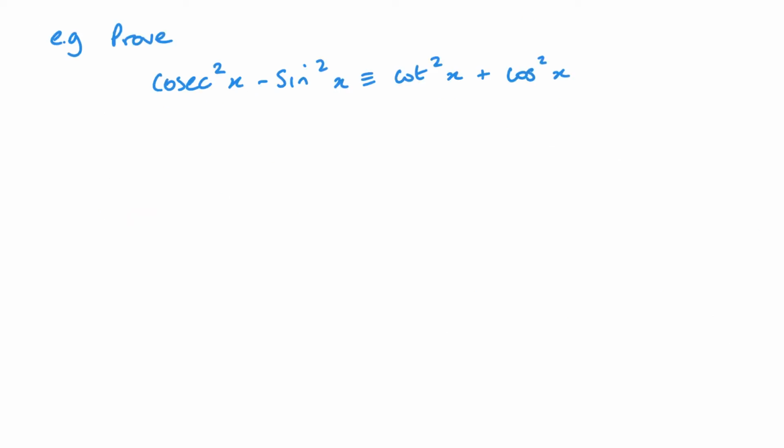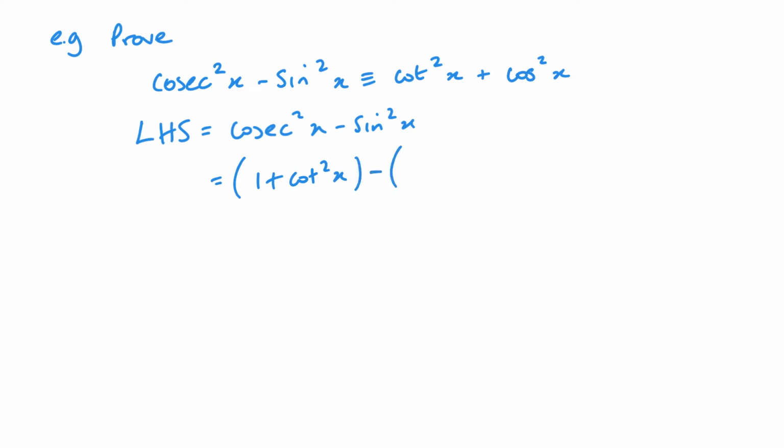Now let's use these. So with this proof, left hand side, cosec squared x minus sine squared x. Now cosec squared x is 1 plus cot squared, and sine squared I'll be able to turn into cos squared, so that's my aim here. So this is 1 plus cot squared x minus, and then sine squared will be 1 minus cos squared x.